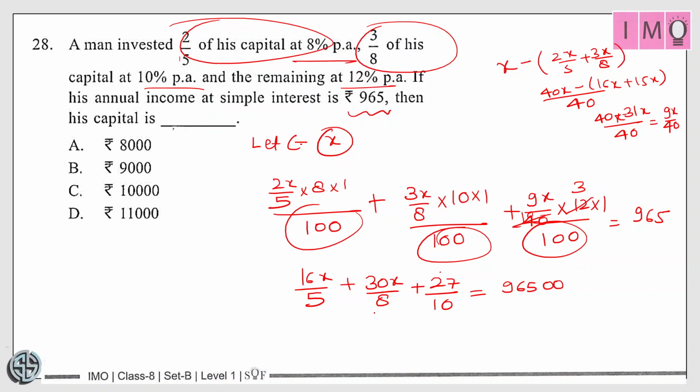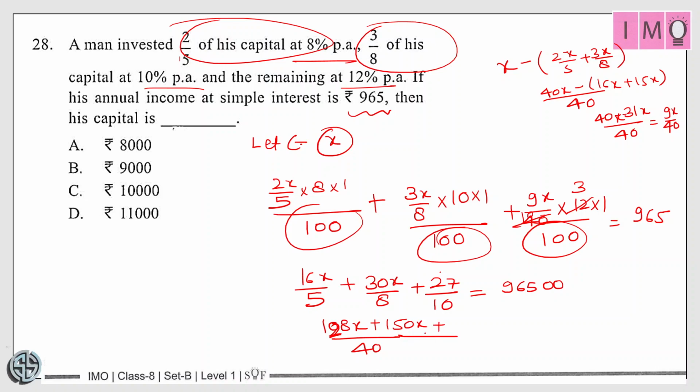Now take the LCM. The LCM will be 8 5s are 40, and 5 8s are, so 8 16s are 128x. It will become 8 5s are 40, 5 30s are 150x.